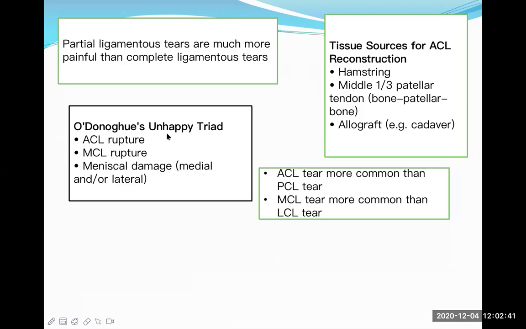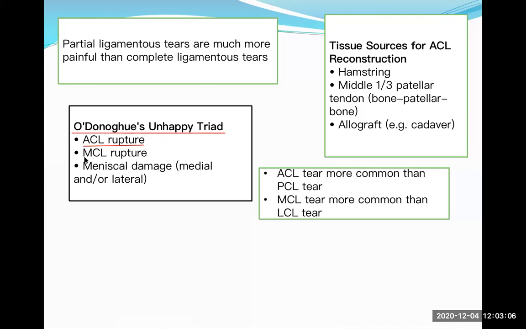Now, there is one important MCQ question for you in the exam, and that is known as O'Donoghue's unhappy triad. So let me underline that so that when you later on look at this video or go through this, you can revise this nicely. So O'Donoghue's unhappy triad means anterior cruciate ligament rupture.